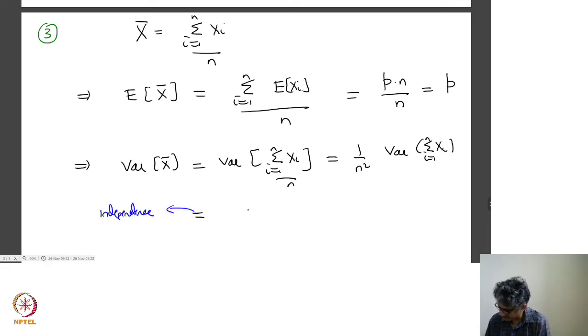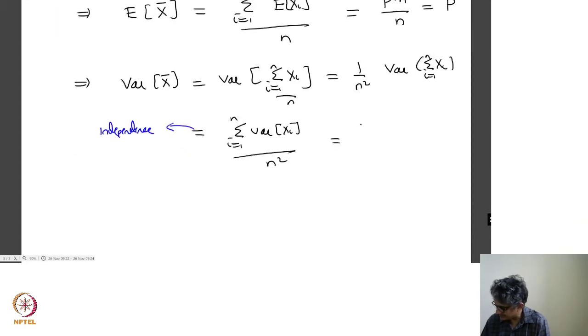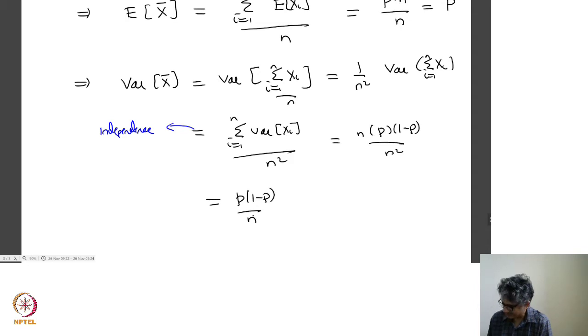And this will be equal to the sum of i equal to 1 to n of the variance of xi, the whole divided by n squared. That I will just denote as n times p times (1 minus p) by n squared, which I will call p times (1 minus p) by n.